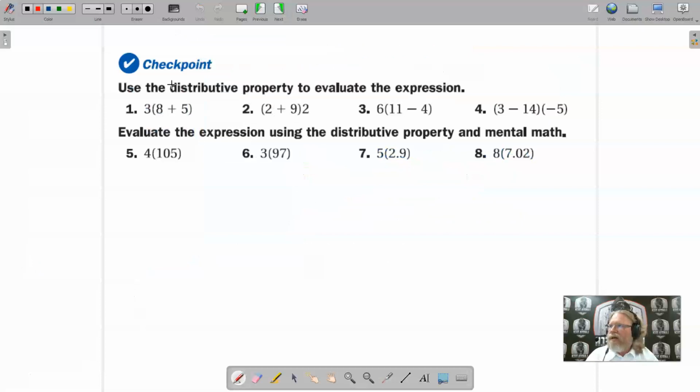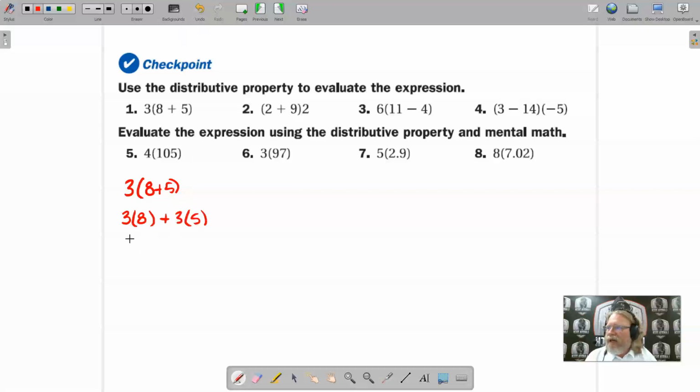Let's look at our checkpoint here. We're going to use distributive property to evaluate the expression. So on number 1, we have 3 times 8 plus 5. We can rewrite this as 3 times 8, and we're going to use a plus sign because that's what's inside the parentheses, 3 times 5.